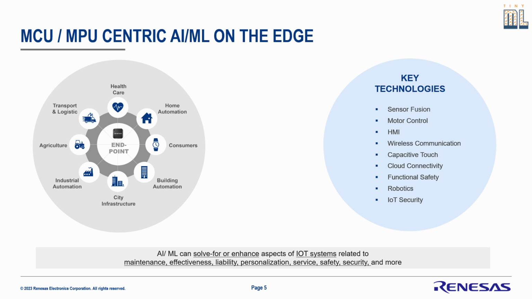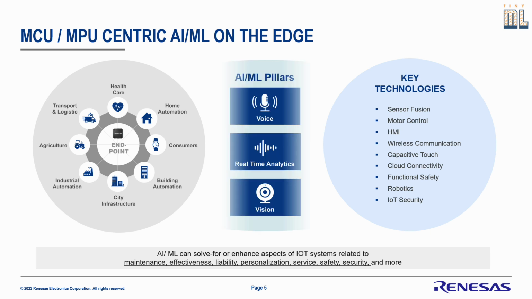And on that part, we have created three pillars, namely voice, where all the voice applications are applied, mostly on voice user interfaces and human-machine interfaces; real-time analytics, where it relates with data and how we handle data coming from sensors; and of course vision, to the point that tiny microcomputing vision tasks can be implemented on the hardware that I have explained to you.